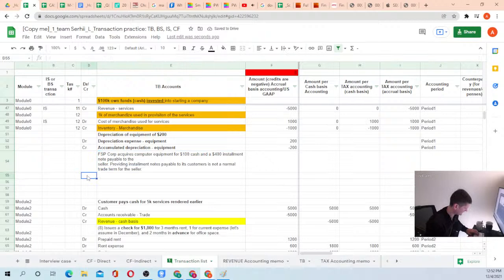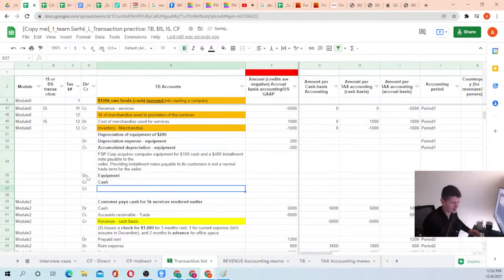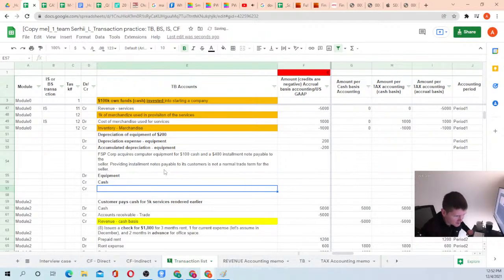So what do we have? We have debit. To run it faster, I will not create new accounts for that. And also, it is an installment note.